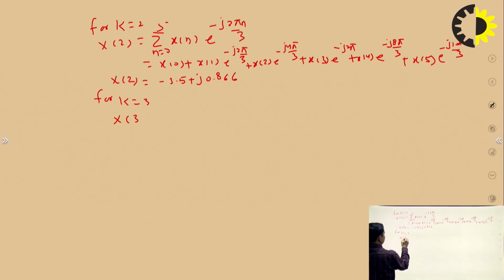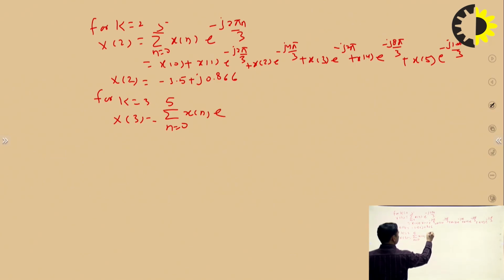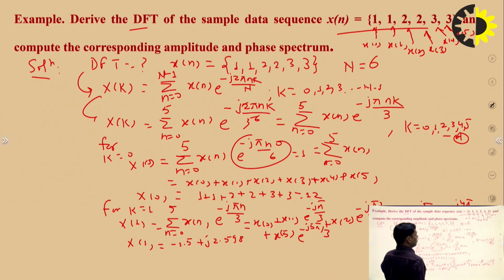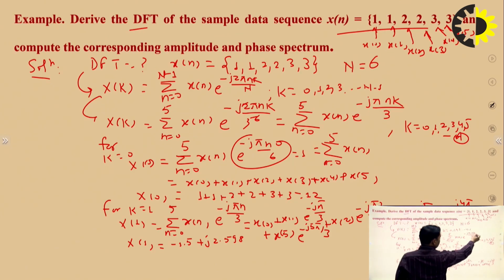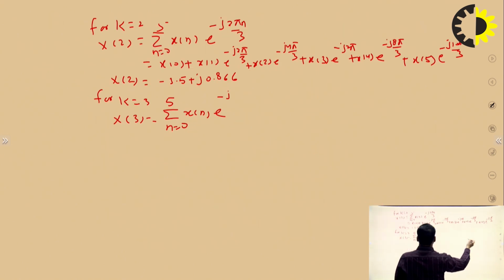The X of 3 from equation A is summation n equals 0 to 5 x of n e raised to power minus j. We will put the value 3 here, so the 3 will be cancelled. So it will become e raised to power minus j n pi.